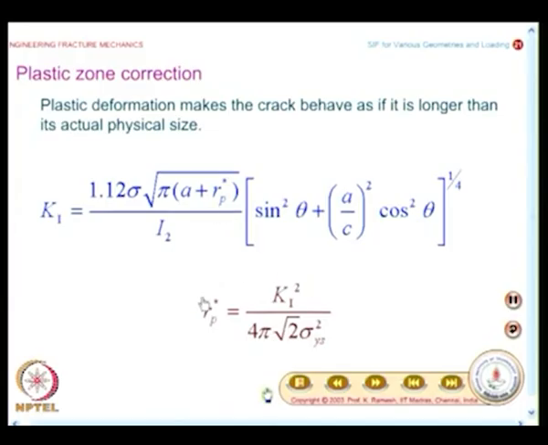So, you must take this more from a historical perspective. So, I have rp star given as K1 squared divided by 4 pi root 2 multiplied by sigma ys squared, where sigma ys is the yield strength of the material.